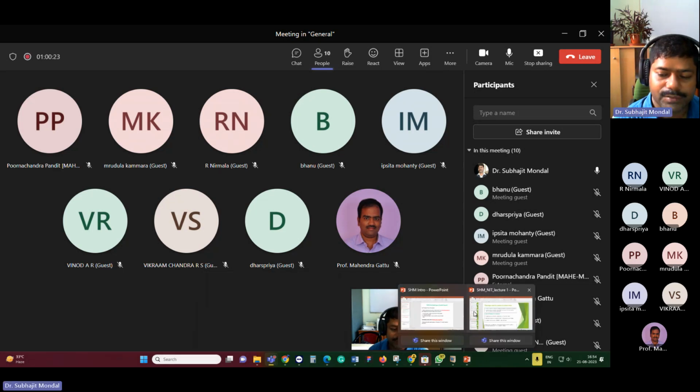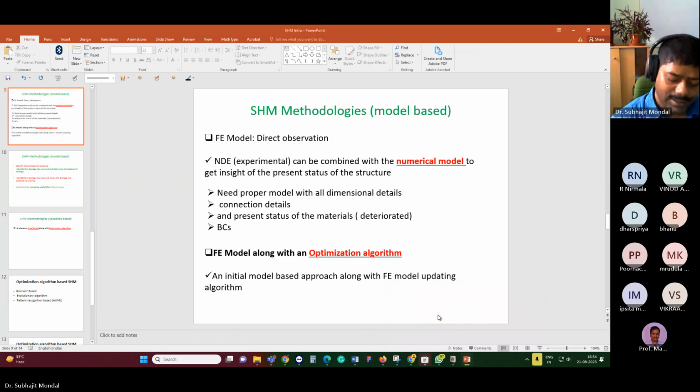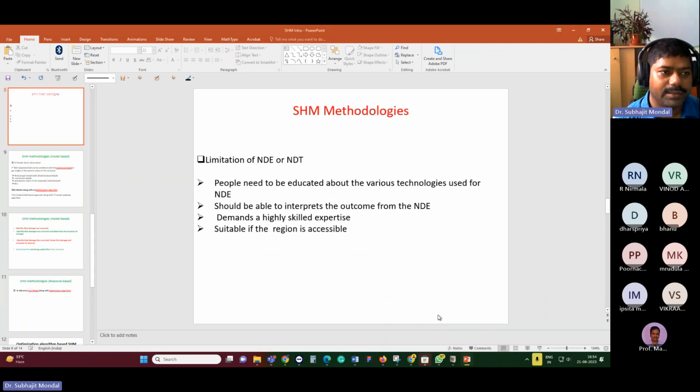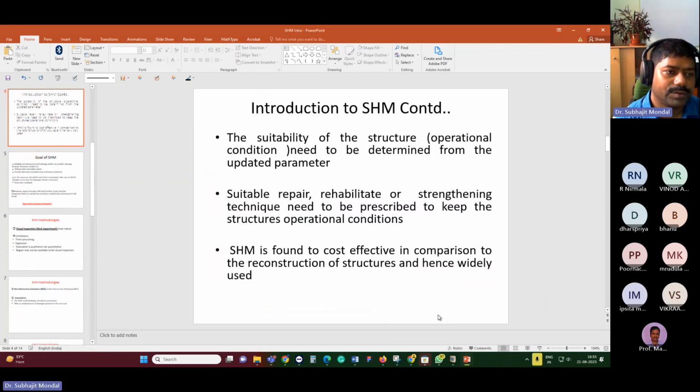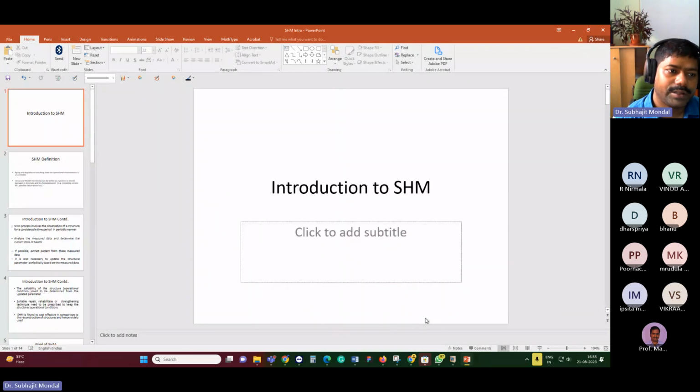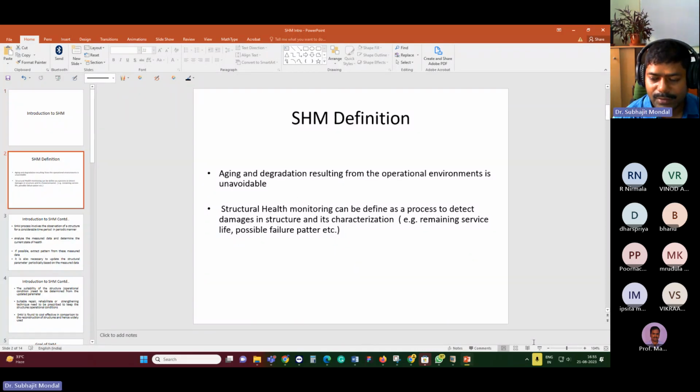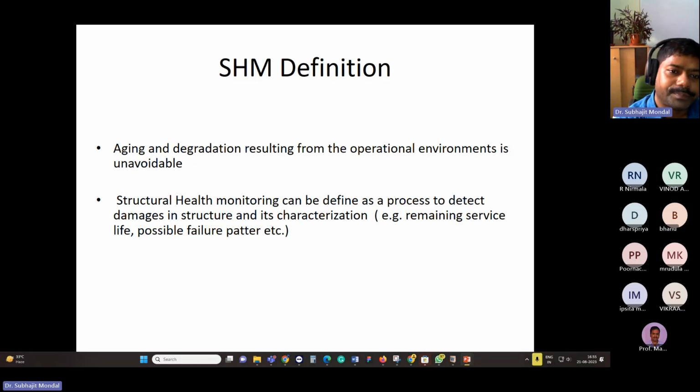Fine. Okay. So basically here, I'm going to discuss structural health monitoring. Structural health monitoring is the topic where we try to identify the damage location. There are various steps.